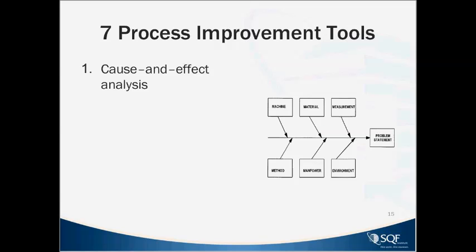So first one, very easy one, cause effect diagrams are a quick and easy kind of tool. Some of you may already be using them in root cause analysis, so I encourage you to keep using that. So it might come up as a tool that is handy for you.